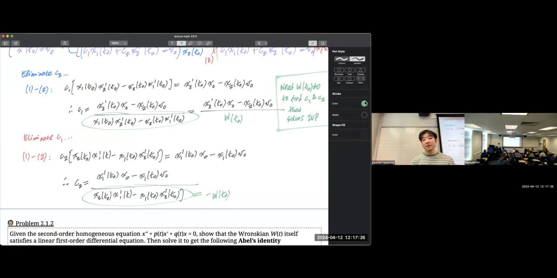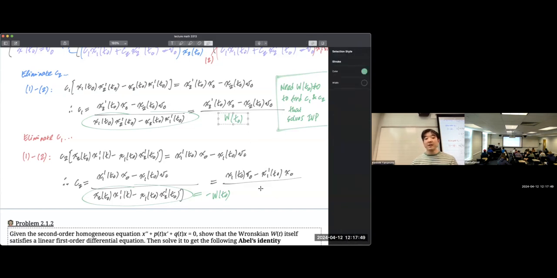So one thing I could do is I could just pull the negative and flip this up here. So the top will end up being x1 at t naught v naught minus x1 prime at t naught x naught. Then the bottom will just be the Wronskian.